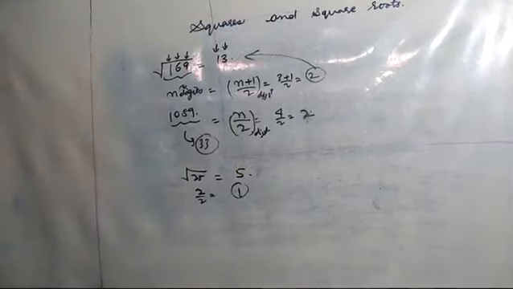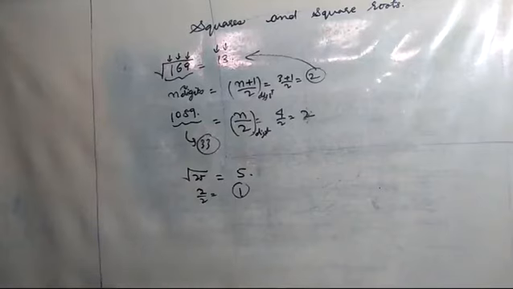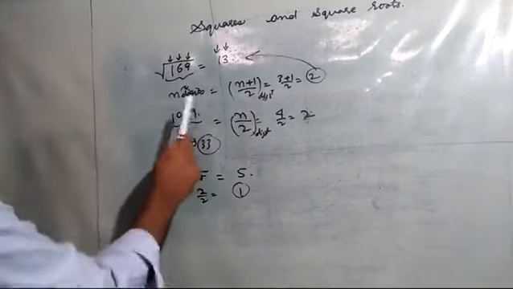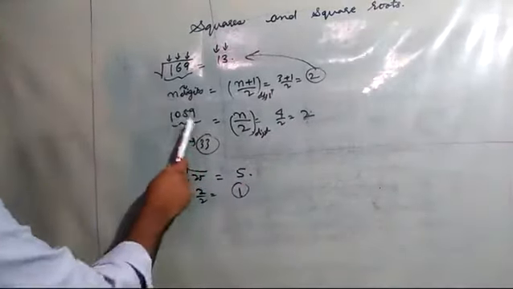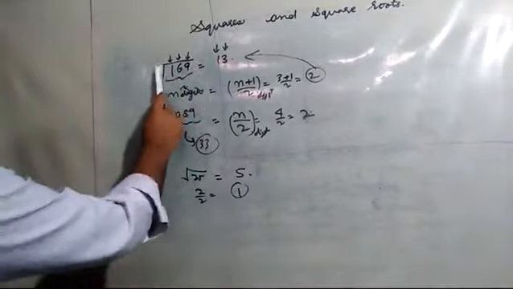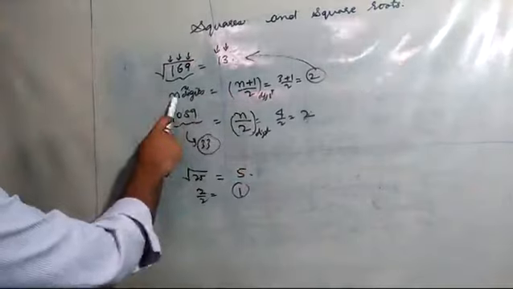So what I mean to say was, if a perfect square has n digits, then its square root will have n by 2 digits if n is an even number. If a perfect square has 3 digits, its root will have n plus 1 by 2 digits, provided n is odd.